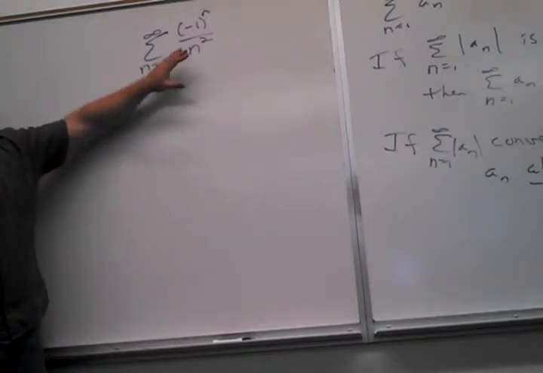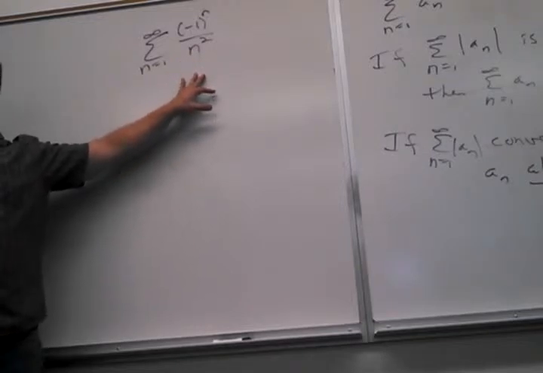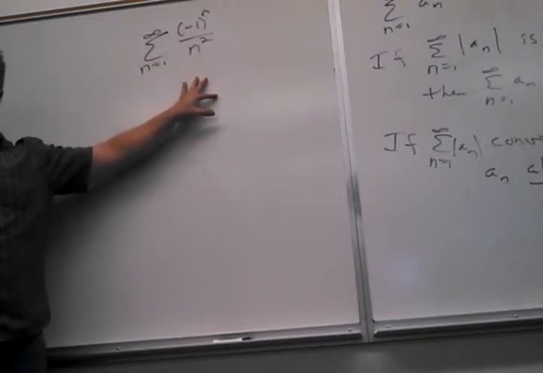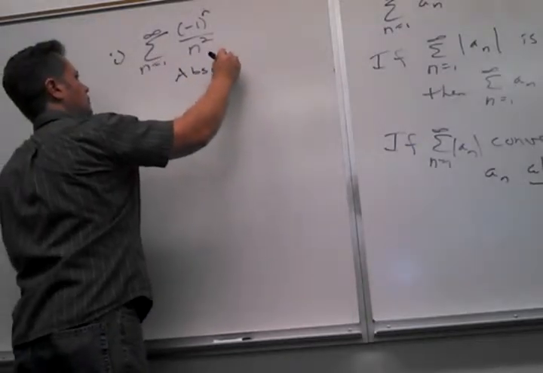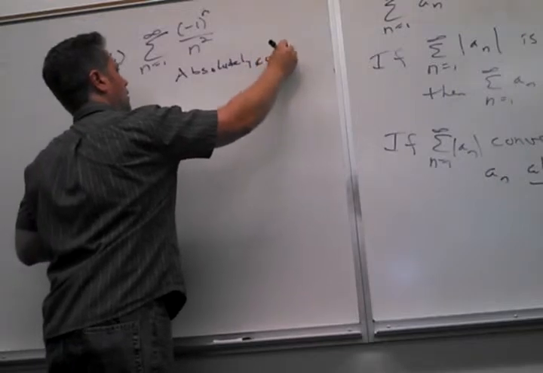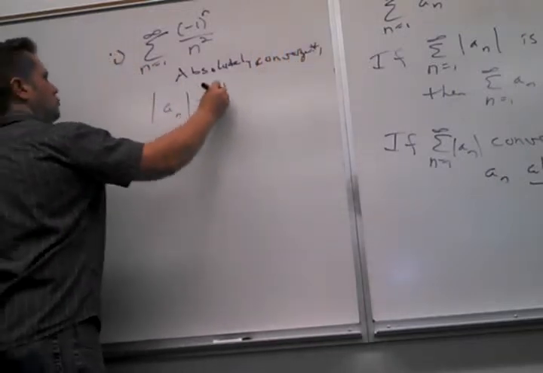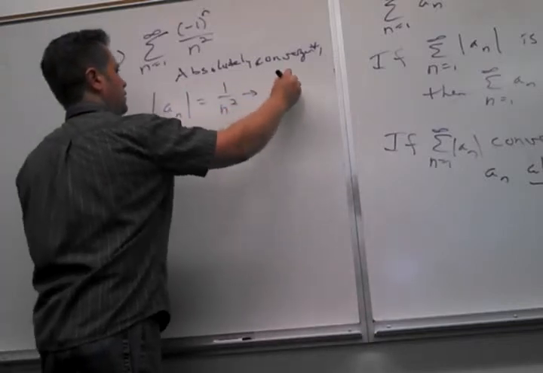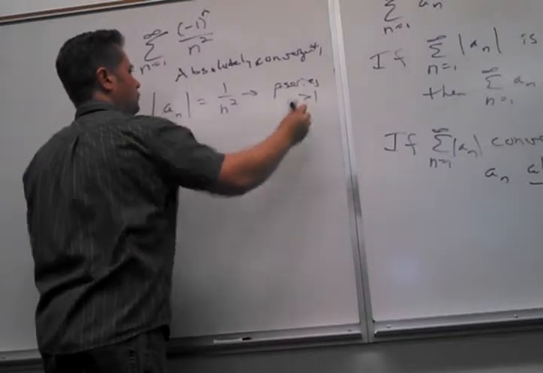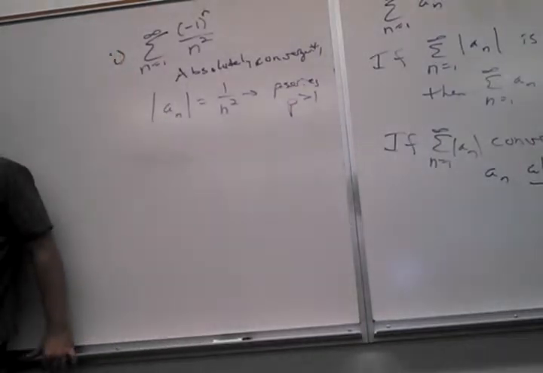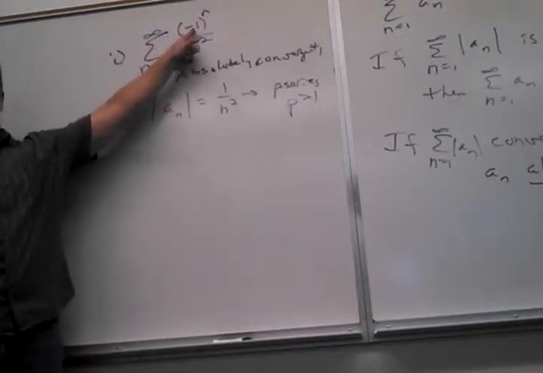So that means that this is absolutely convergent, because the absolute value of an is 1 over n squared, and that's a p-series with p greater than 1. So it definitely converges if you leave it in.